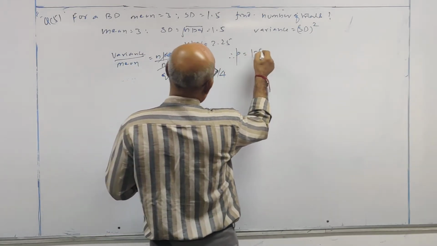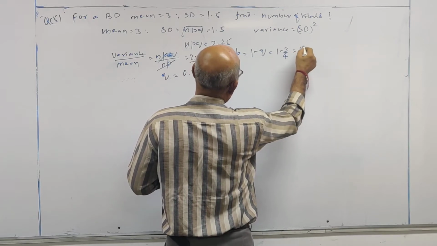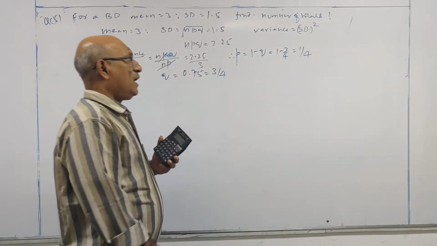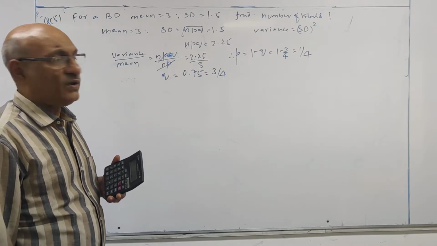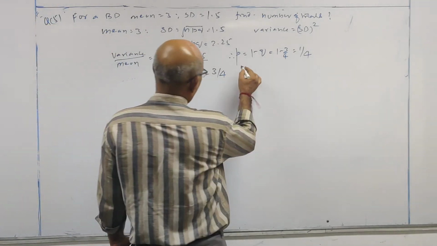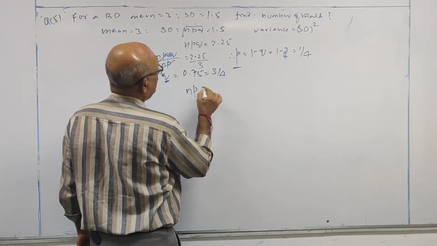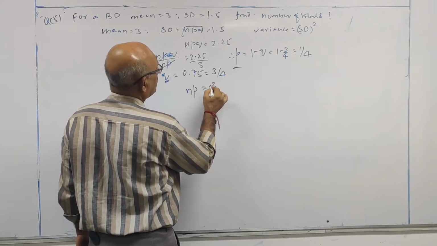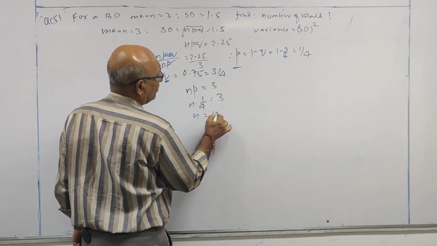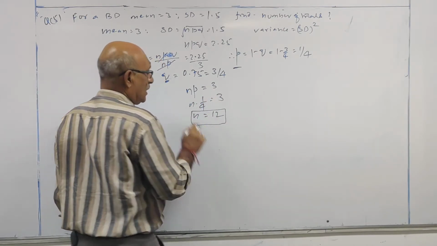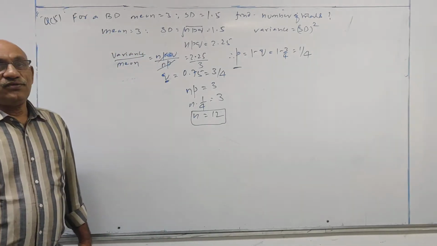Therefore, P is equal to 1 minus Q, 1 minus 3 by 4, this is 1 by 4. So P is obtained, Q is obtained. NP is equal to 3. N into 1 by 4 is equal to 3, N is equal to 12. This is what we need here.